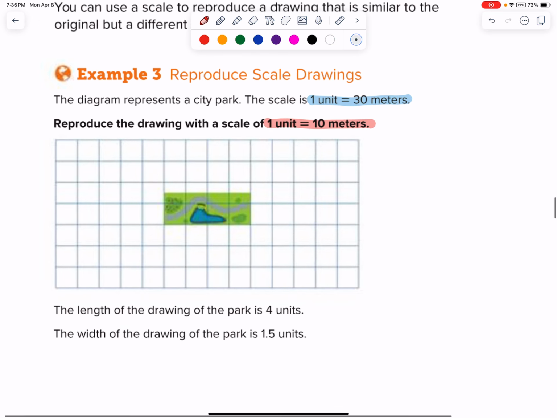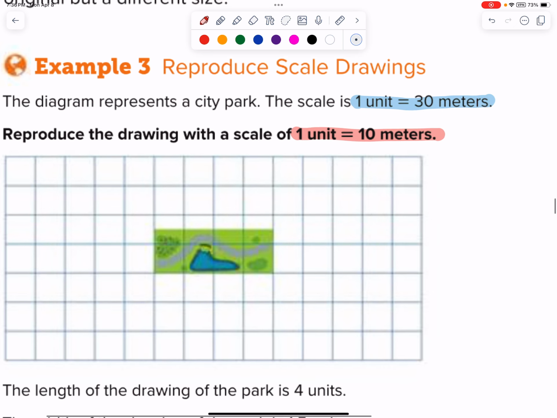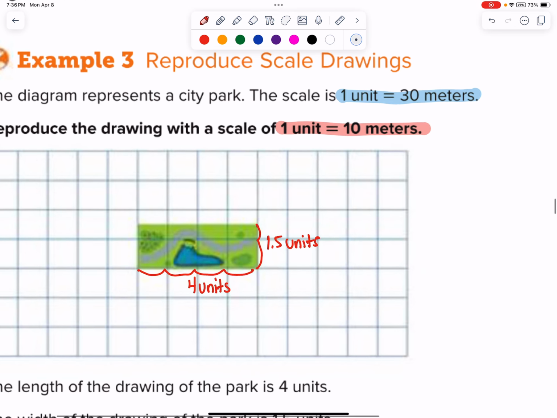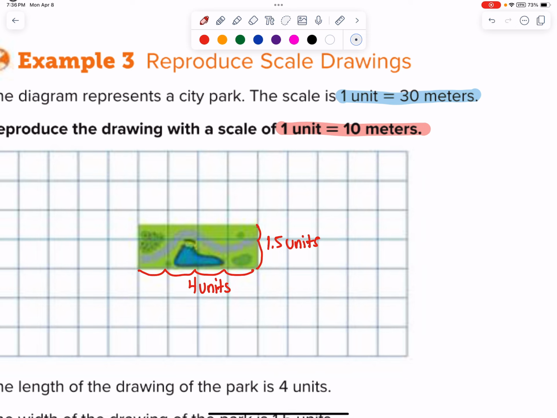Okay, so what you have to notice right now is how many units exist in this right now. So right now we have 1, 2, 3, 4 units. And we have 1.5 units. So what is that actually as meters? Well, every unit is 30 meters.